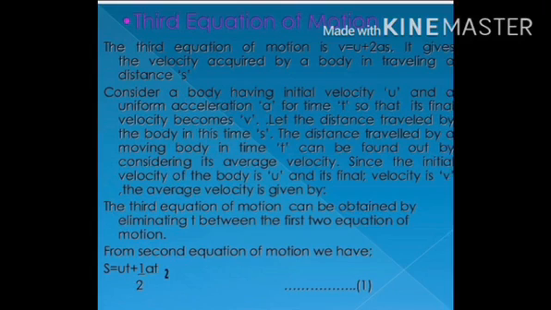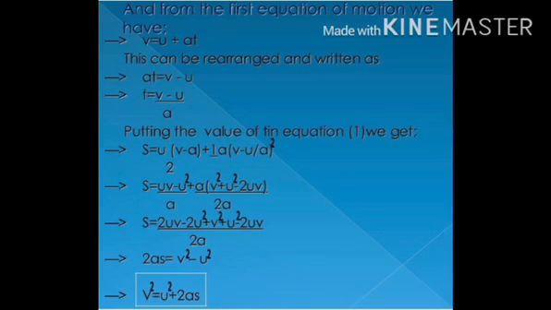From the second equation of motion, we have s = ut + ½at². And from the first equation of motion, we have v = u + at. This can be rearranged and written as at = v − u, and then t = (v − u)/a.